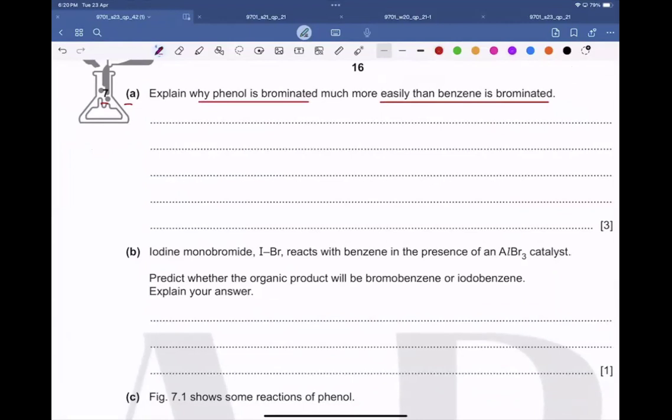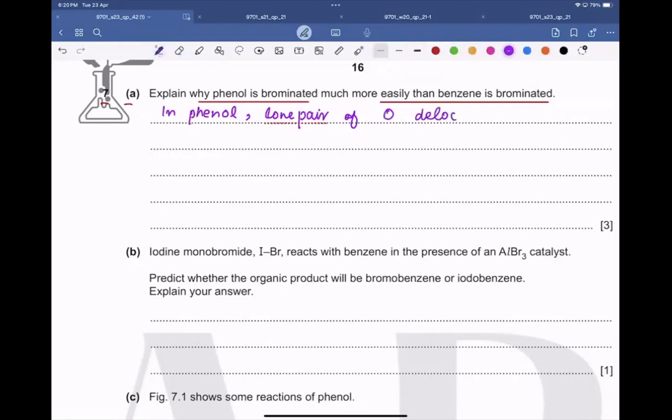So if you recall, in phenol there is an OH bonded to a benzene ring, right? So the lone pair of oxygen is delocalized into the ring.